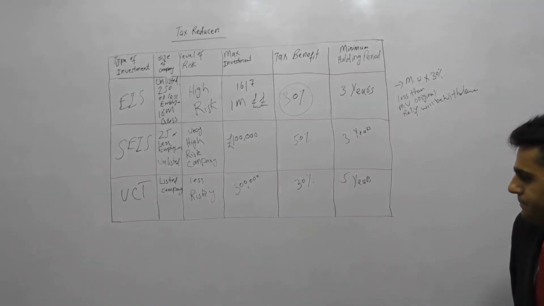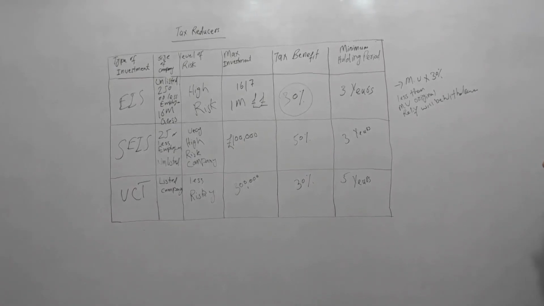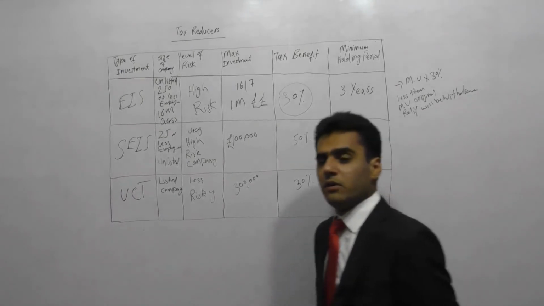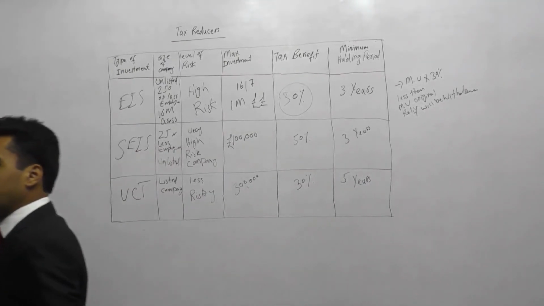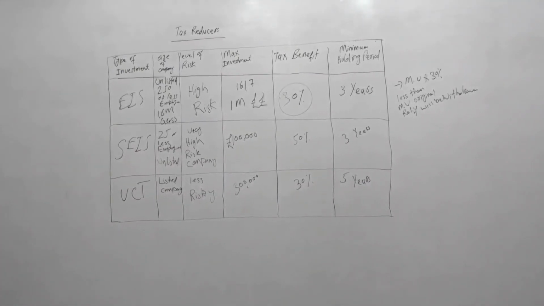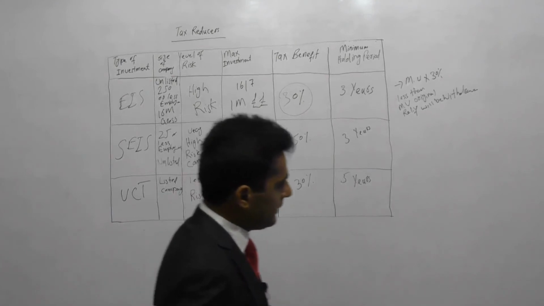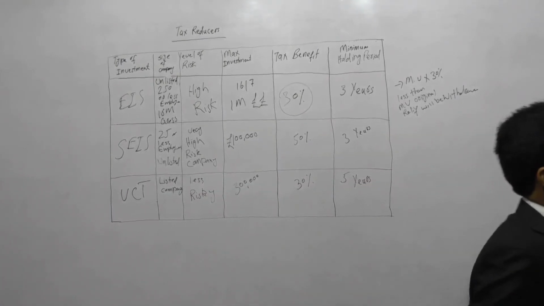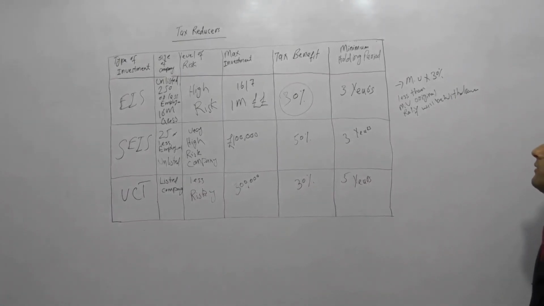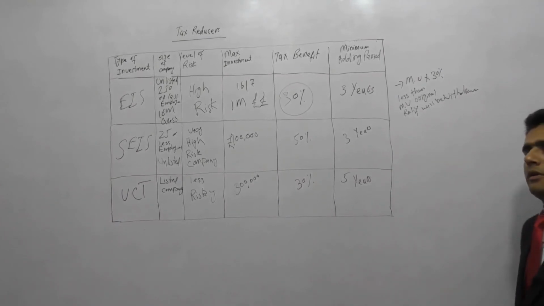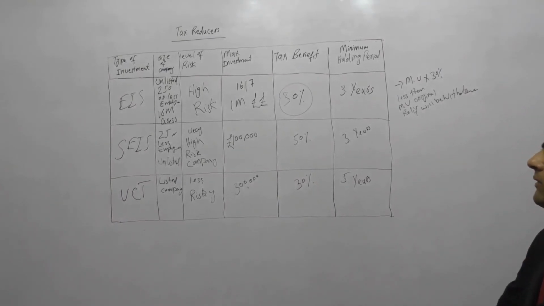All right. Now the minimum holding period in this case is 5 years. If I keep the shares for 5 years, then the relief has already been given to me, so HMRC won't take it back. It won't be withdrawn. If I sell the shares within 5 years, then, as I've shown you before in these two cases, the relief will be withdrawn.